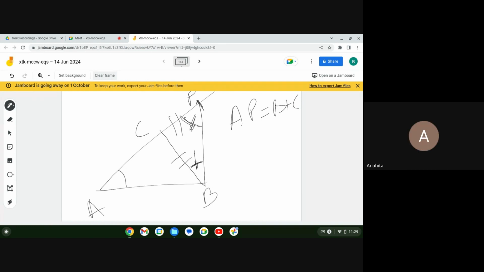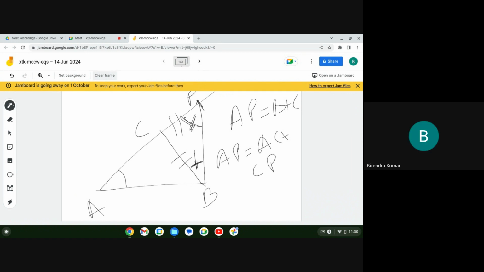Now, if you look at AP, what is AP? AP equals AC plus CP. This side has two pieces to it, AC plus CP. Don't say yeah if you don't agree with me. Just be doubly sure. The line segment AP has two parts, right?